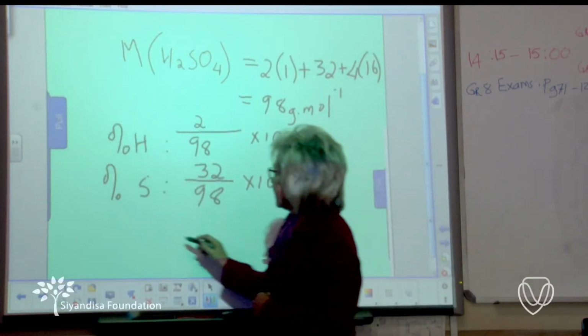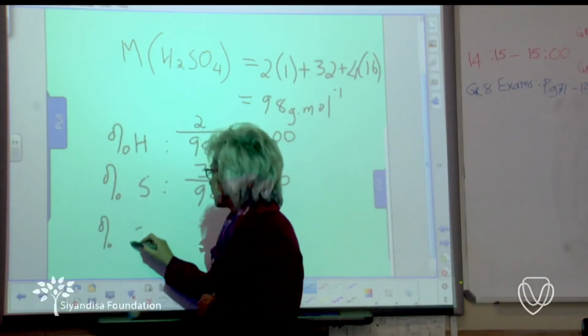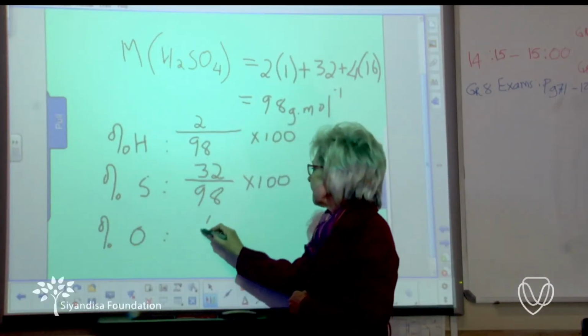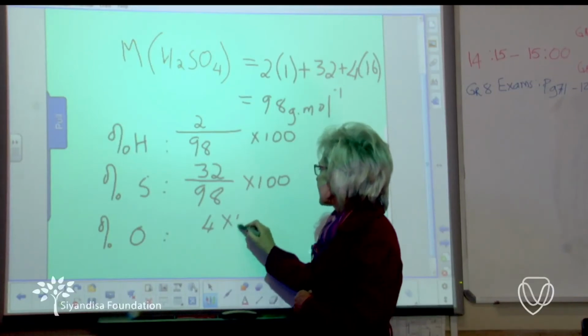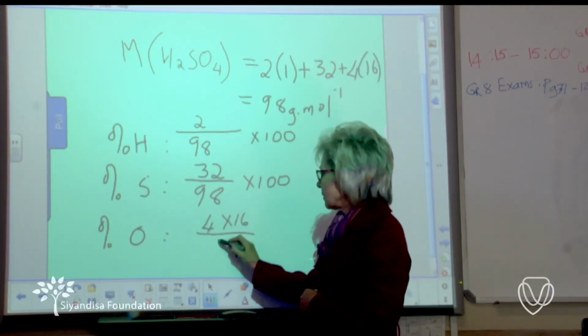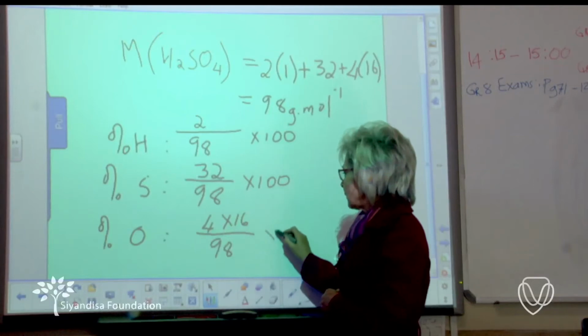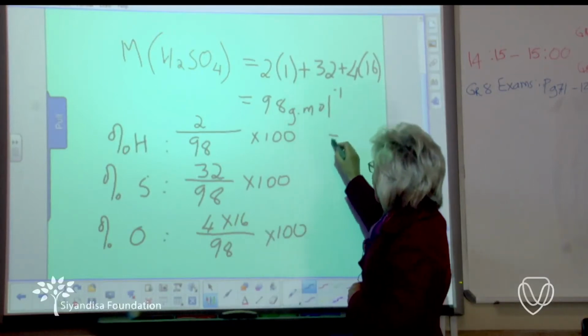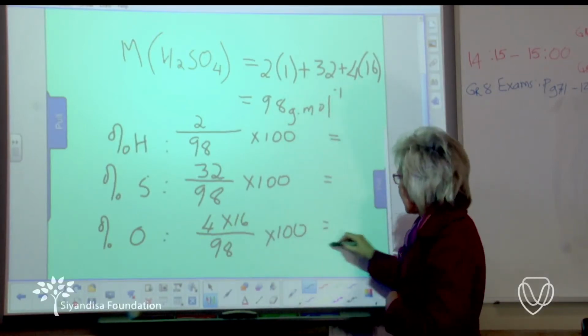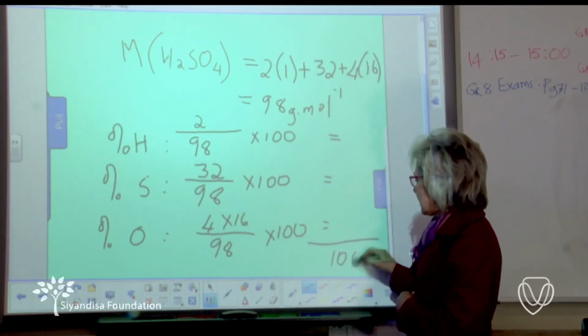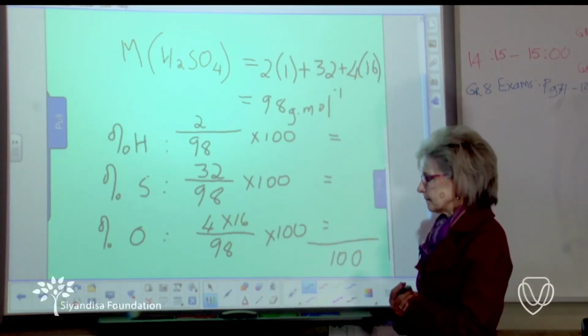And for oxygen, being 4 times the mass of 1 oxygen, the total mass being 98, and we times by 100. And once we've calculated all of these values, when we add up, we have to get 100 again.